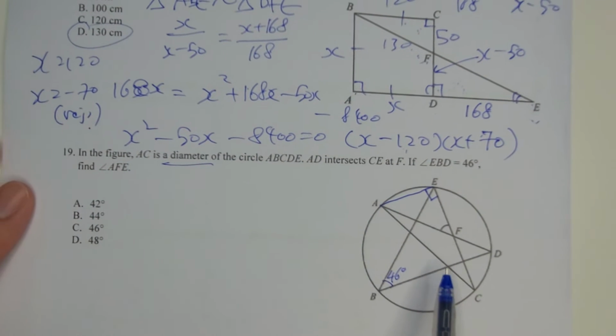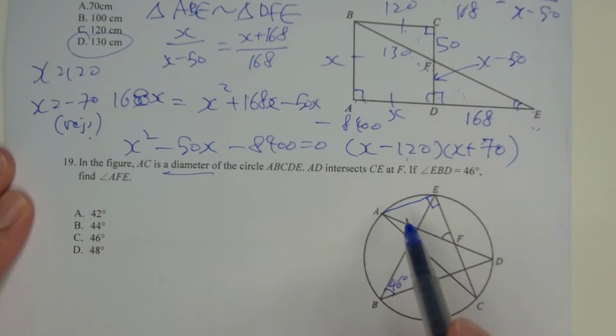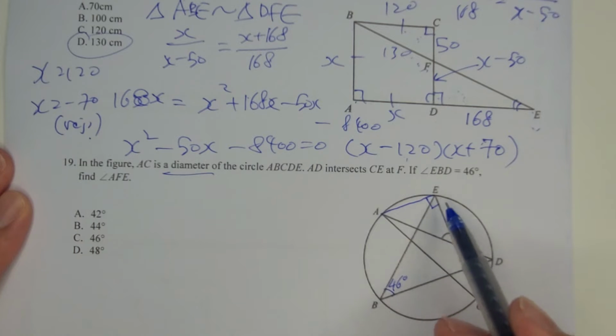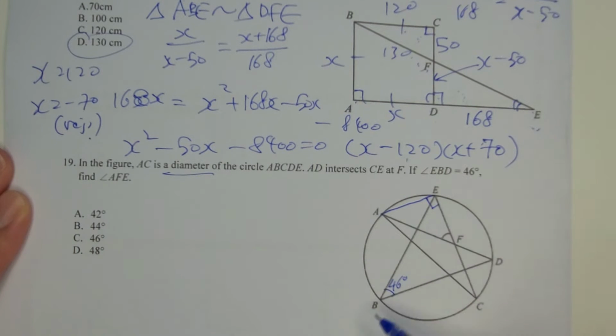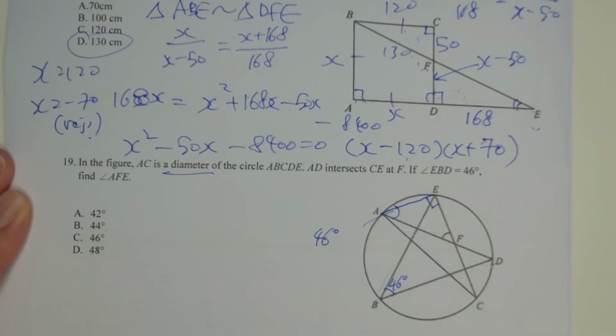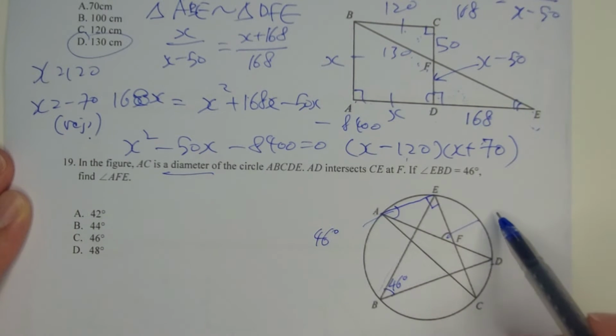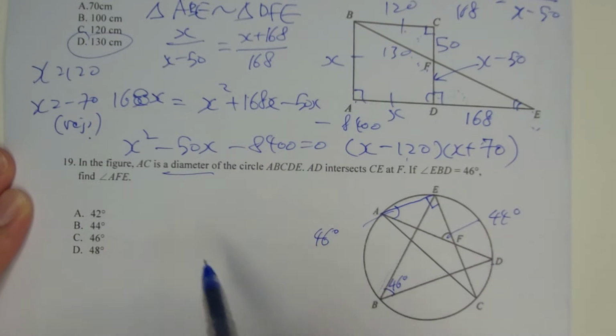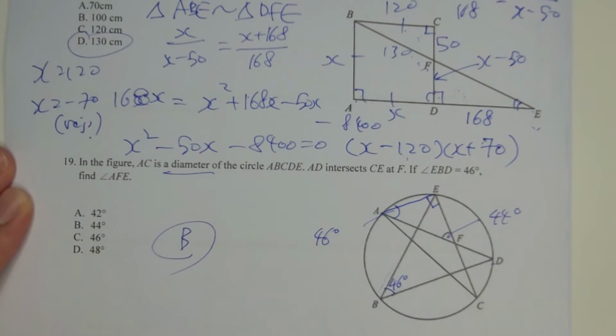And next, there's 46 degrees, so angles in the same segment, angle EAD is also equal to 46 degrees. So finally, in this small triangle, you can find angle F, that is 44 degrees. Therefore, the answer is B for boy.